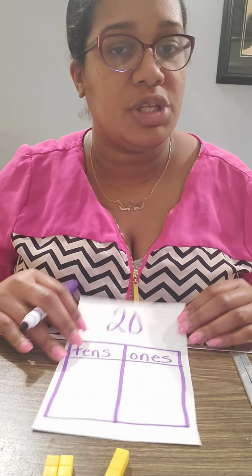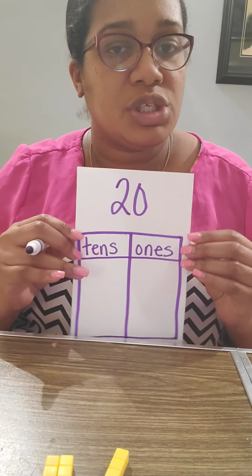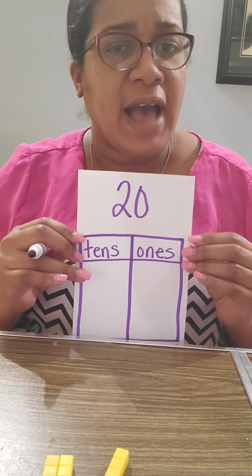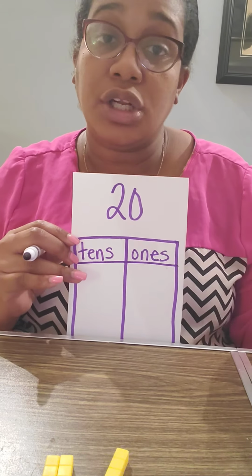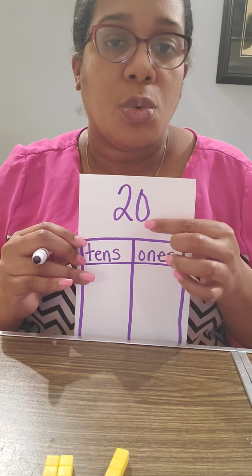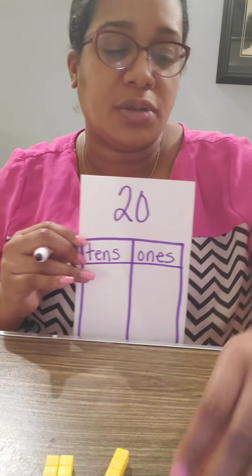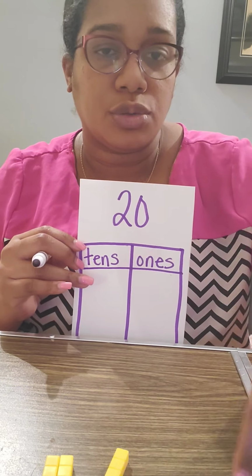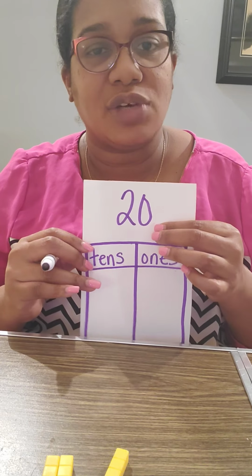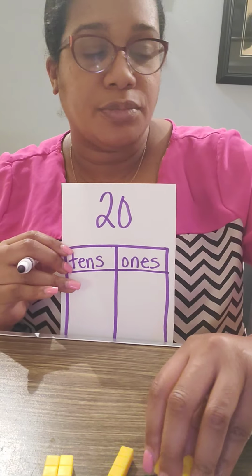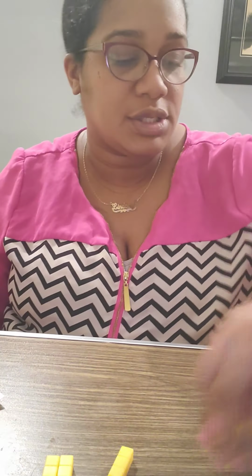This one's a little bit different. I noticed that in all the other numbers that I used, in my ones place, there was a number that I could put a cube to. Now I have the number 20. So, for my ones, I don't have any.